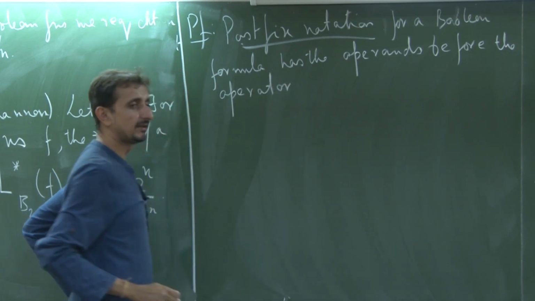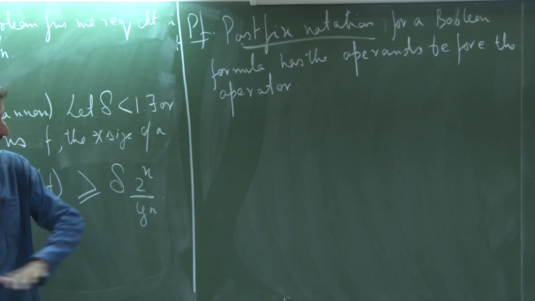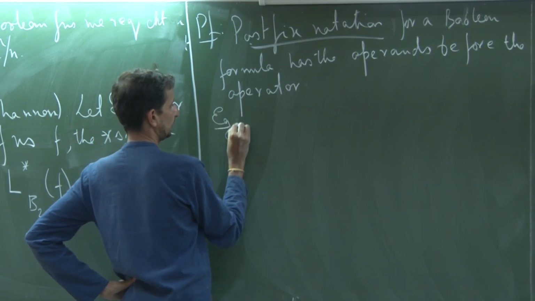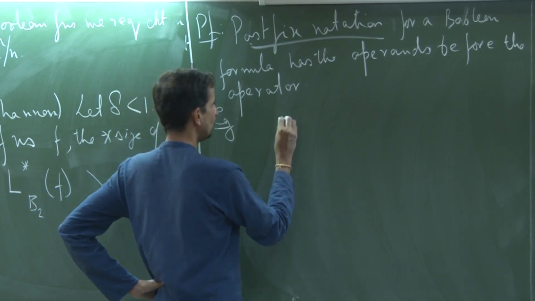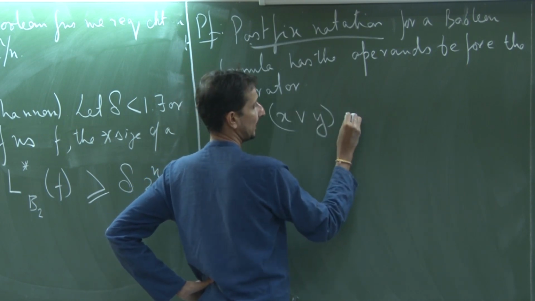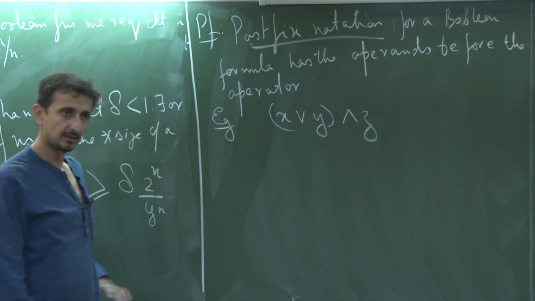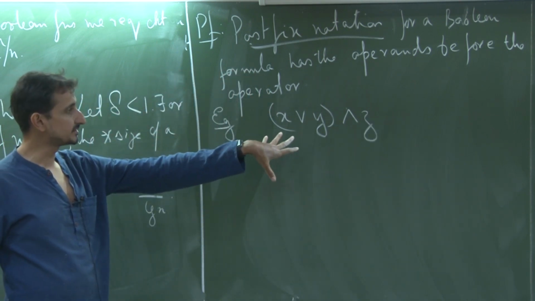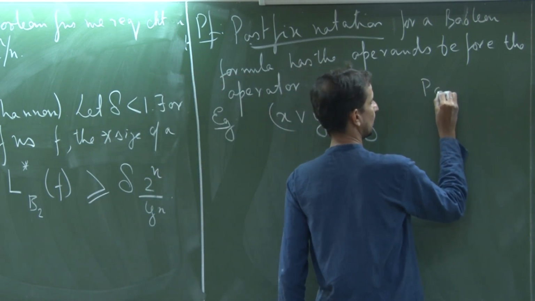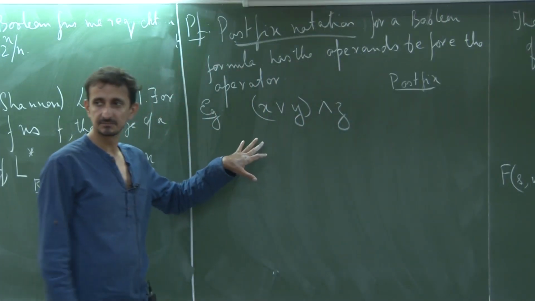This is a very crude, informal definition, but it would be enough for us. Let us look at it with a couple of examples. Suppose I have a Boolean formula x or y and then and z. What would be the postfix notation for this Boolean formula? Any guesses?